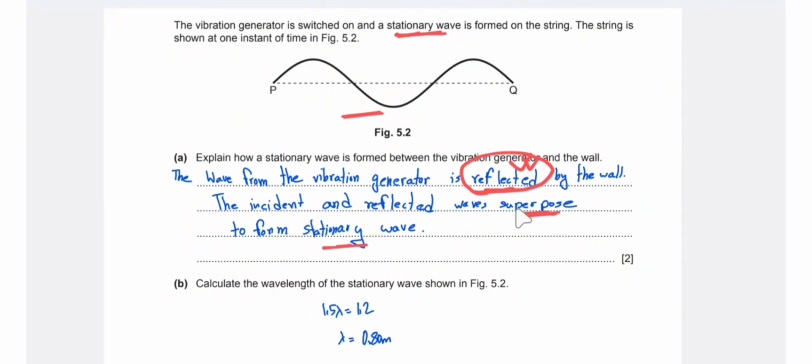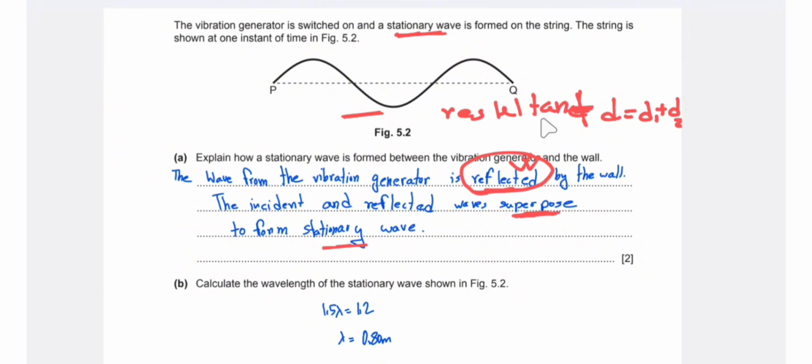And what is superposition? The principle of superposition states that when two or more waves meet at a point, the resultant displacement at that point is equal to the sum of the individual displacements of the individual waves at that point, d1 and d2.